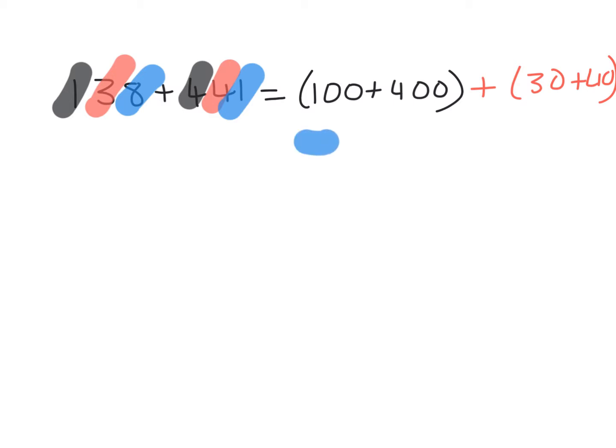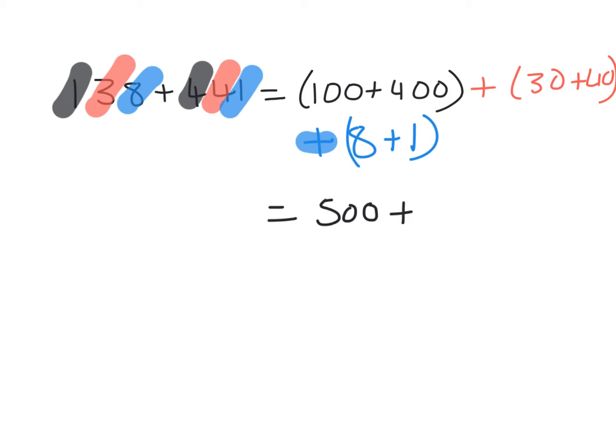Plus 8 plus 1 in brackets. Alright, so now what I'm going to do is work it all out. So I've got 100 plus 400, I've got 500, plus 30 plus 40 is 70, plus 8 plus 1 is 9, so that gives me 579. Hope you got that one.